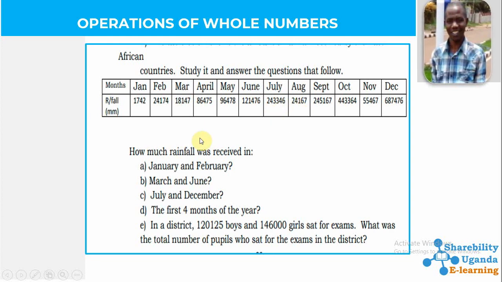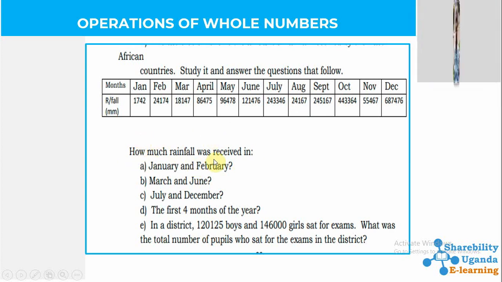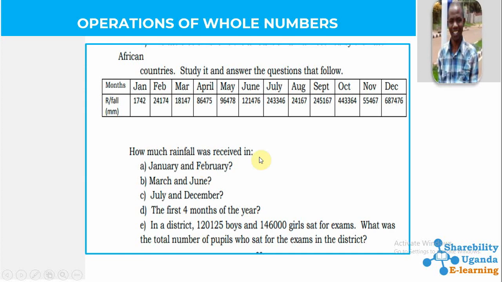Okay, so now you can have a look at our questions which are asked, such that you can now be able to answer. So they are saying how much rainfall was received in January and Feb.